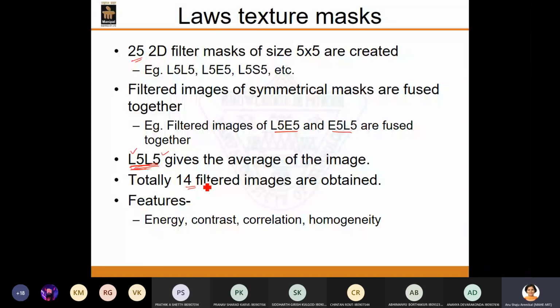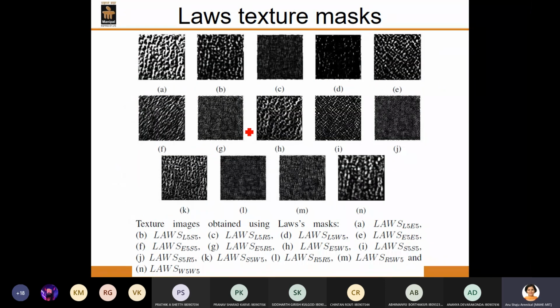From these 14 filtered images, various features, just like we discussed in the GLCM, are calculated. This is just an example of how the outputs of the 14 two-dimensional filter masks that we discussed above look.